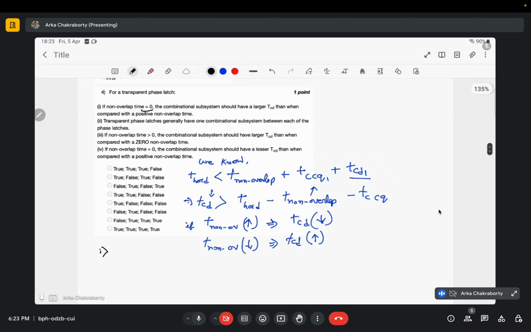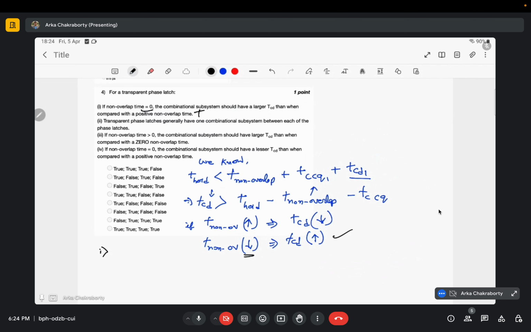So the first statement: if non-overlap time has been reduced to 0, the combinational subsystem should have a larger TCD when compared with a positive non-overlap time. It is reducing, so my contamination delay would increase, right?